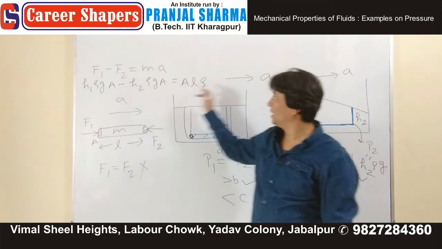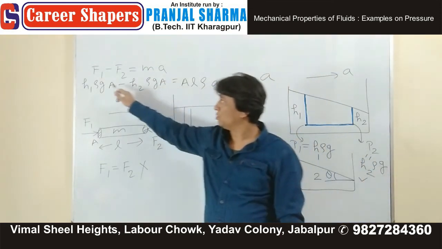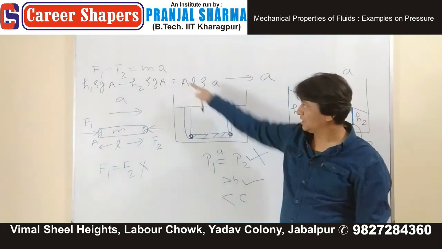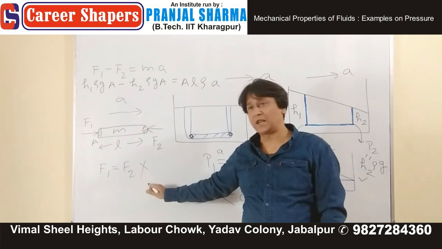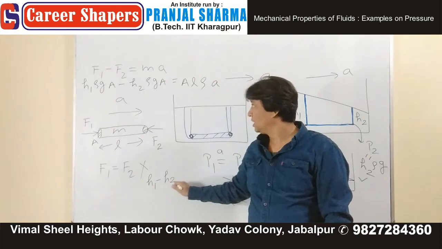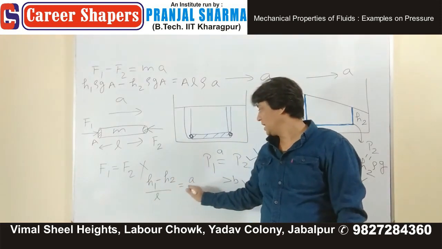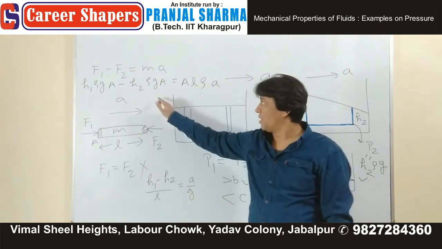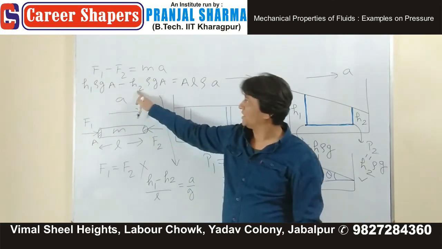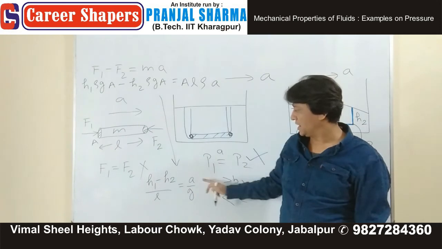Mass multiplied by A. Rho cancelled. A cancelled. What do you get? You get something like this. H1 minus H2 divided by L equals to A upon G. H1 minus H2 divided by L, take G this side, A upon G.